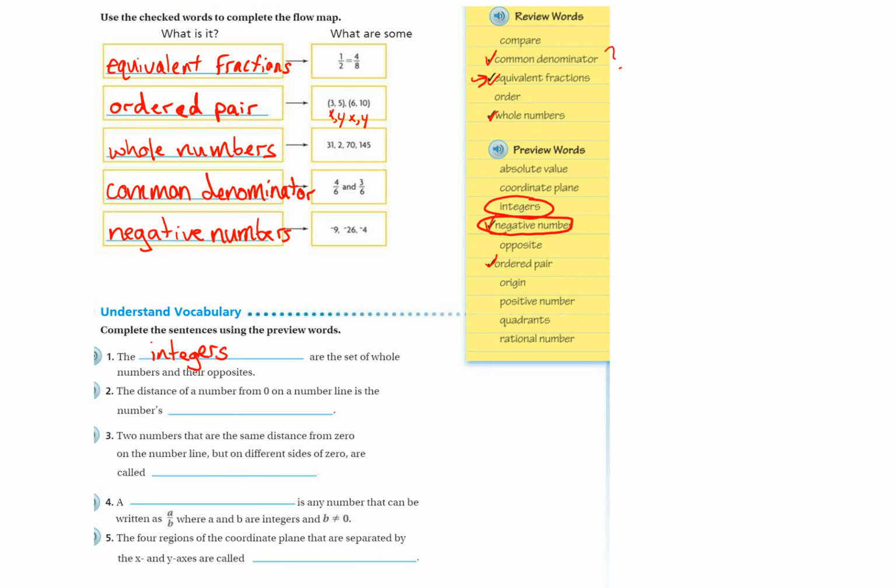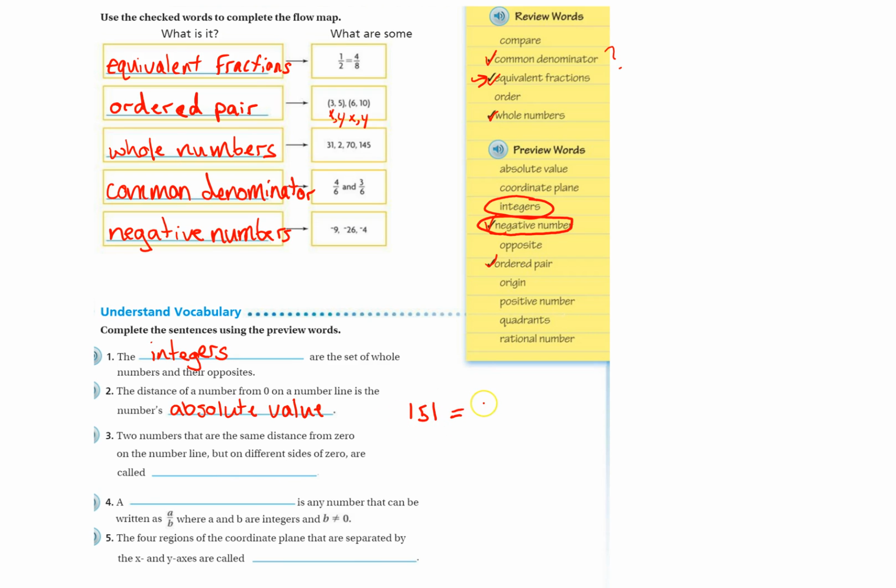All right, number 2, the distance of a number from 0 on a number line is the number's absolute value. And absolute value lines look like this. So you may have a problem that says, what is the absolute value of this?